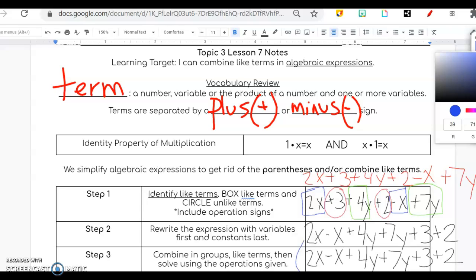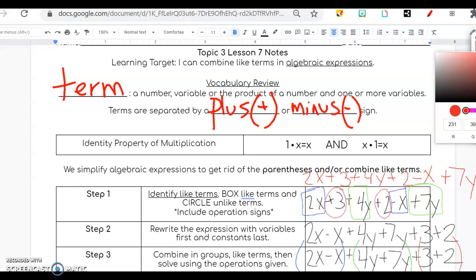So my x values, I'm putting parentheses around them. Okay? The y is green. My y's, I'm putting parentheses around them. I'm grouping them like terms. And then I have my constants.